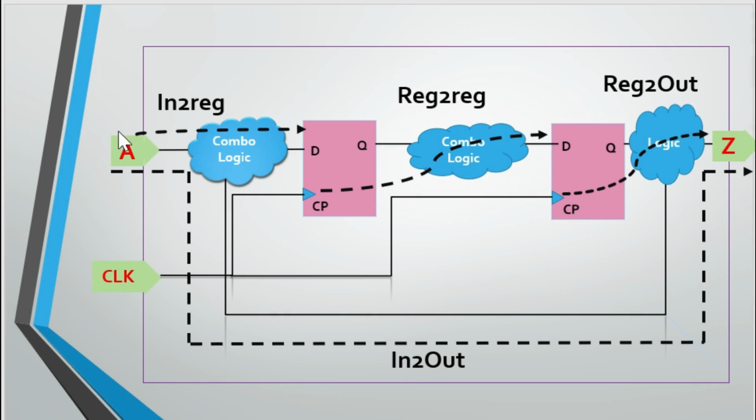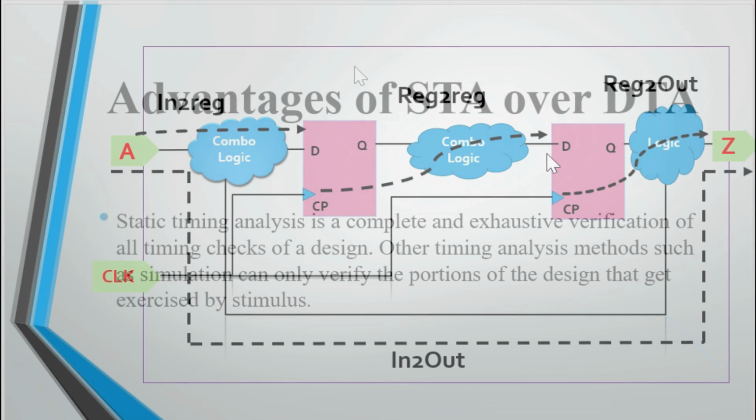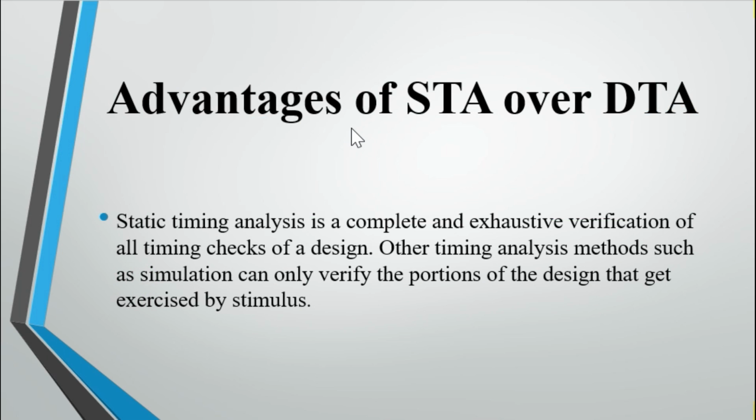Also, just notice that any kind of timing path can either start from an input port or a clock pin of a flop, and it can only end either at the output port or at the data pin of a flop. So we saw what is static timing analysis and how it is carried out in synchronous digital design systems.